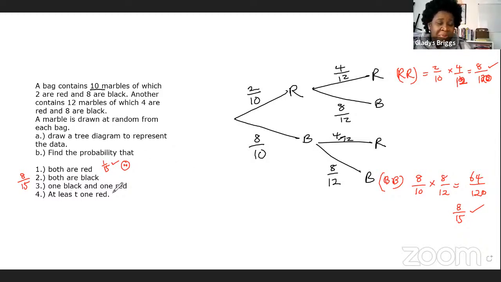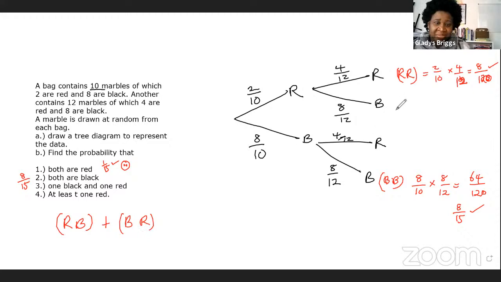One black and one red. So that's a combined one. So if you have red, you can have red and black plus black and red.